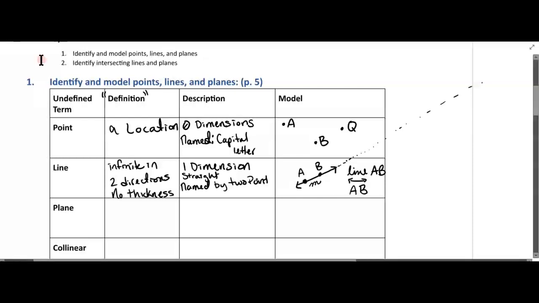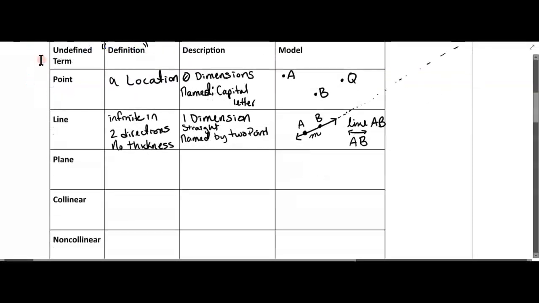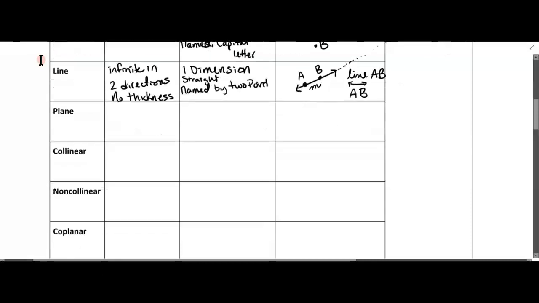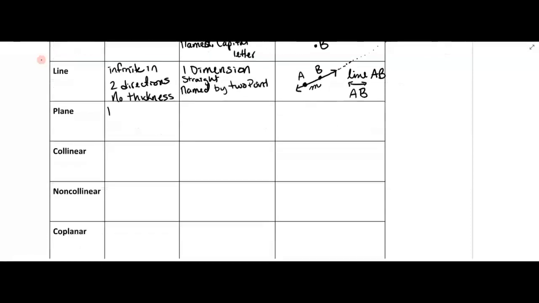Then we also talked about a plane. A plane is a flat surface that extends in all directions. So you might think of the ground as a plane. It goes on forever.